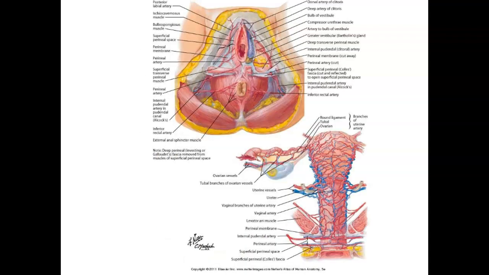Let's see, if we look now at the vestibule, remember that the vestibule is this area inside of the labia minora right here. It contains the openings to the vagina and the urethra. At the anterior aspect of the vestibule is the clitoris, which is under the prepuce here, which is just the skin of the labia minora that comes on each side and covers the clitoris.